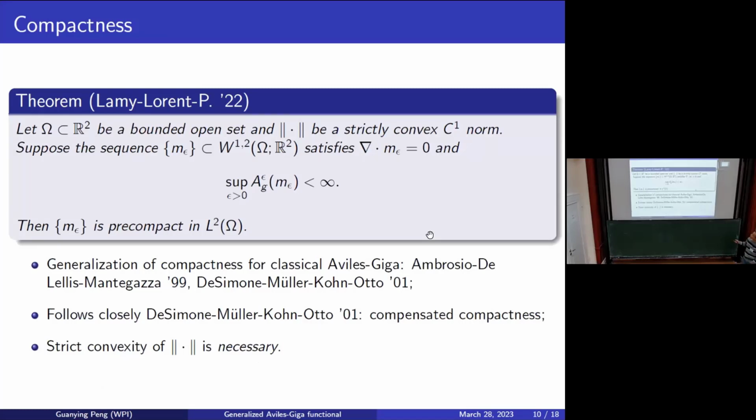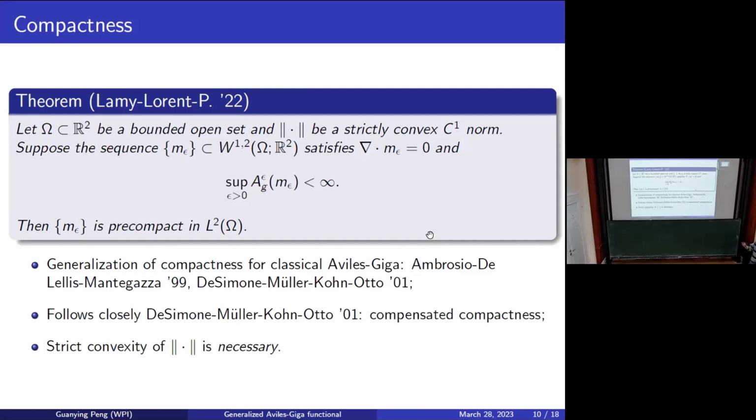So we take a two-dimensional bounded open set, and here we take a strictly convex C1 norm, and suppose we have an admissible sequence for the generalized Aviles-Giga functional, namely sufficient regularity, divergence free, and also satisfying this equiboundedness of the energy. Then we show that there is compactness in m epsilon in the L2 space.